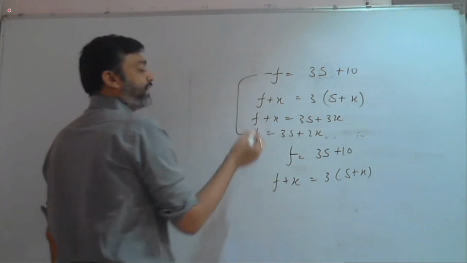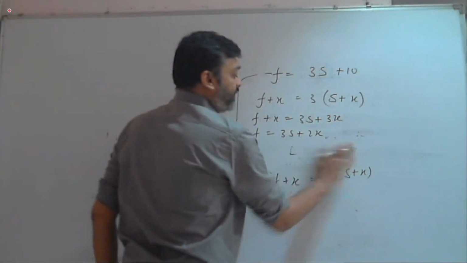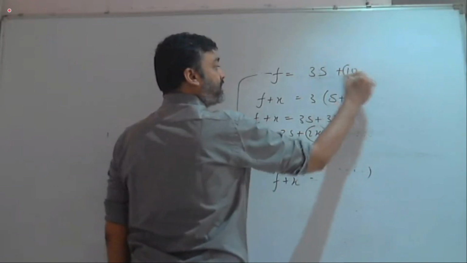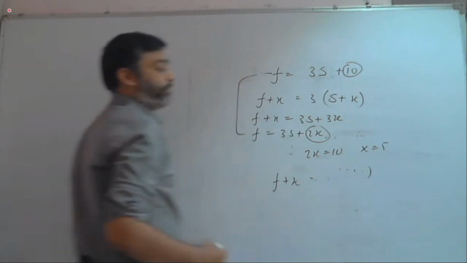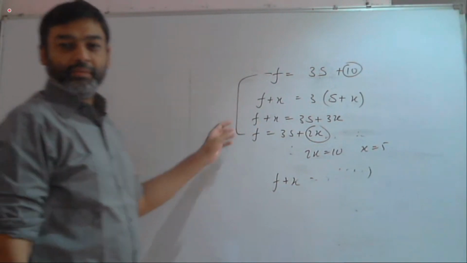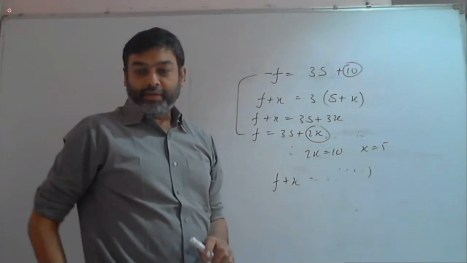We have two equations, we can compare both. If we compare both, 2X is 10 and therefore X is 5. As both variables have the same coefficients, you can use that. Clear everyone?